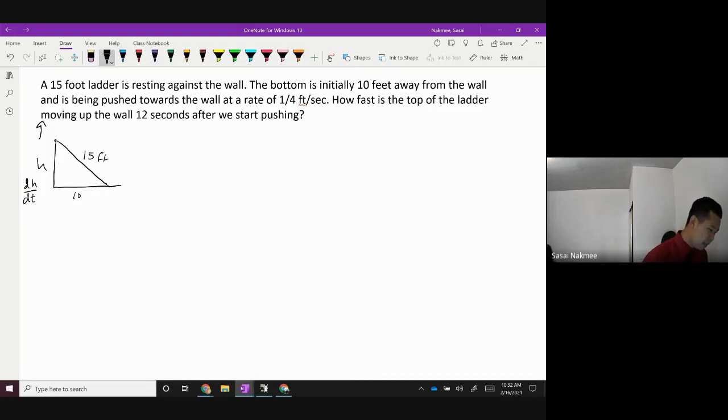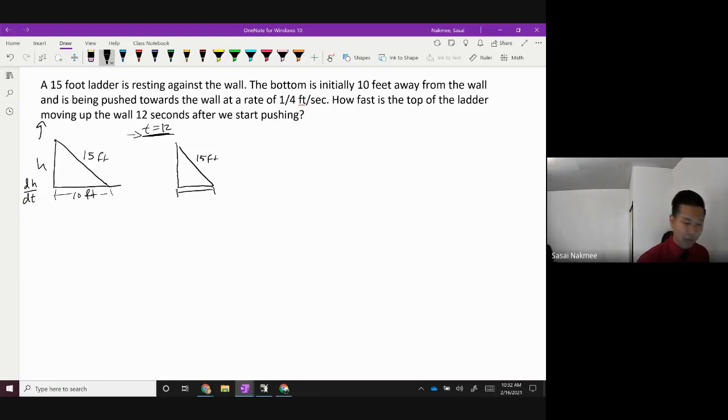Now, what do you guys want to call this base down here? So this thing changes, doesn't it? After t equals 12 seconds, this thing is no longer 10 feet. It's been pushed closer. This is still 15 feet, but this right here, I don't know what it is anymore.